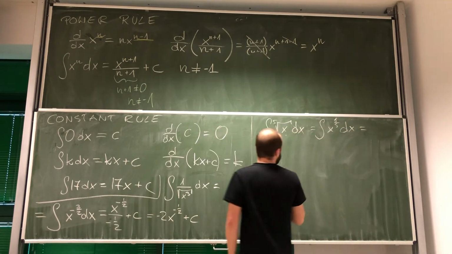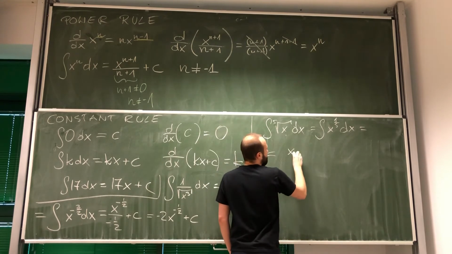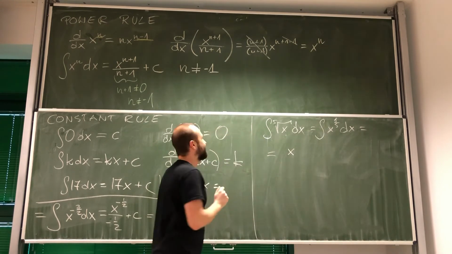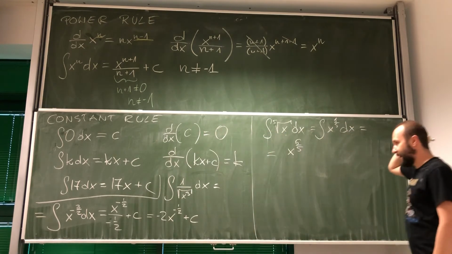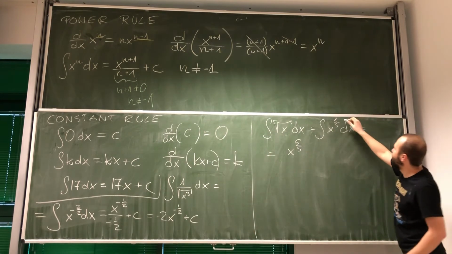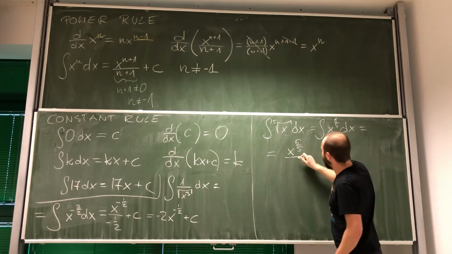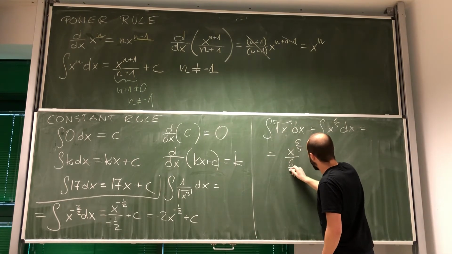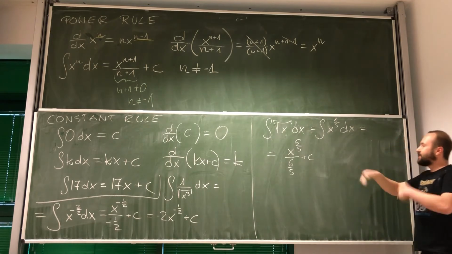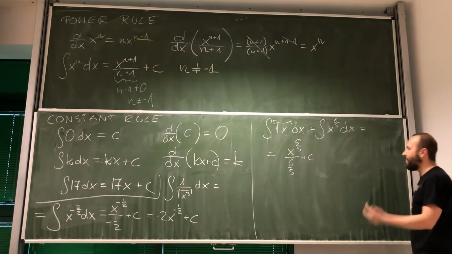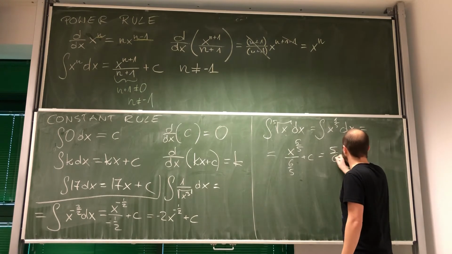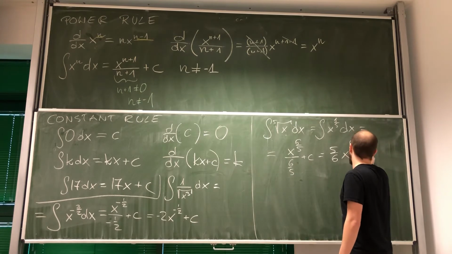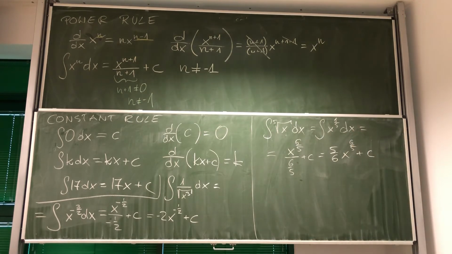And we get that this is x to the power 6 over 5. Remember, we are adding 1. Divided by 6 over 5 plus c. And look, this is the trick you also need to remember. If we divide by 6 over 5, it's the same as multiplying by 5 over 6. Now, x to the power 6 over 5 plus c.